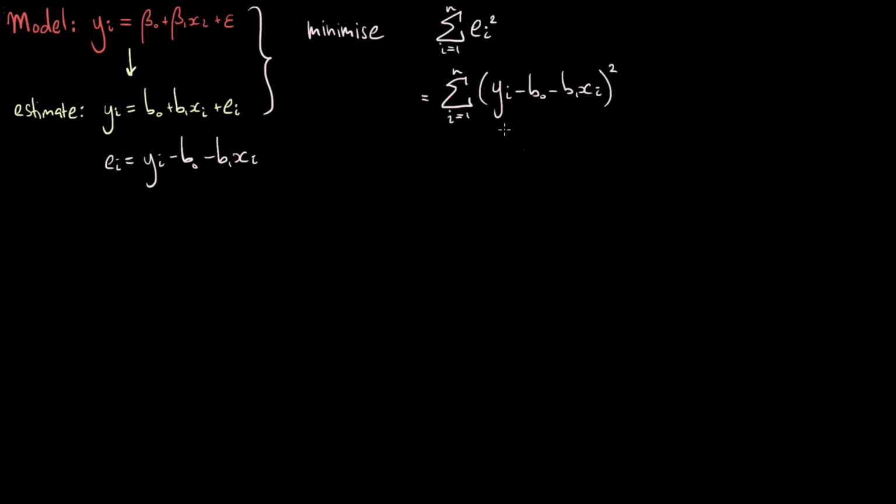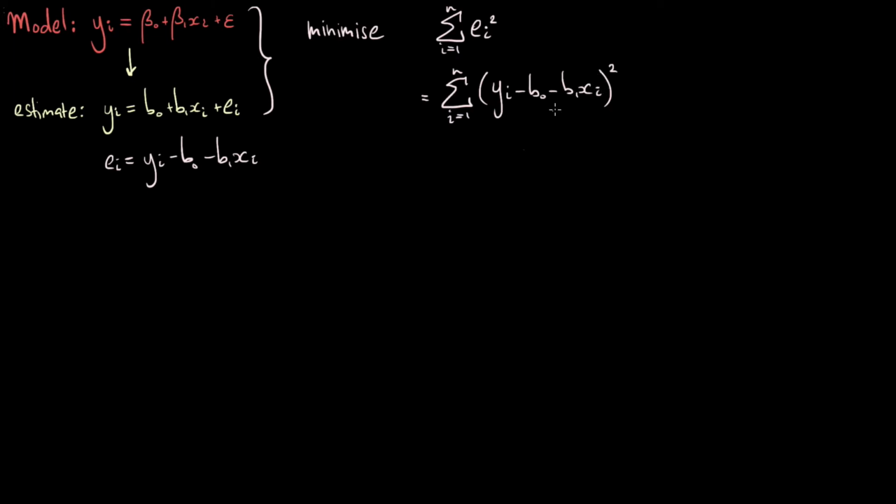We're not going to go through the nitty-gritty of deriving a minimization of this. We're just going to skip straight to the answer, but it's useful to inspect what's inside this equation. It is simply a function of some data. So yi is data, xi is data. We're not allowed to change these. But the two things we are allowed to change are b0 and b1.